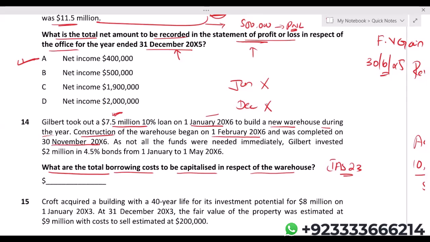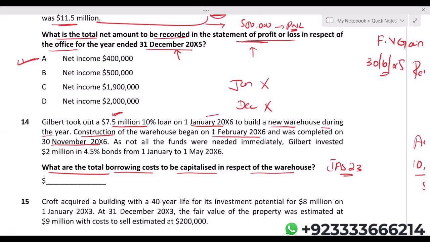Why can't we, even though we have paid the borrowing cost in January? Because you did not start the work. So logically, when you have started spending the loan on the construction of a qualifying asset, from that point onwards, you will start capitalizing the borrowing cost.